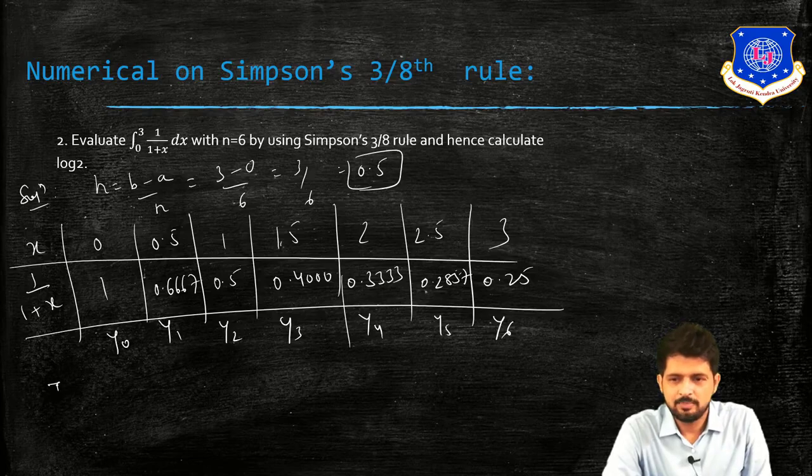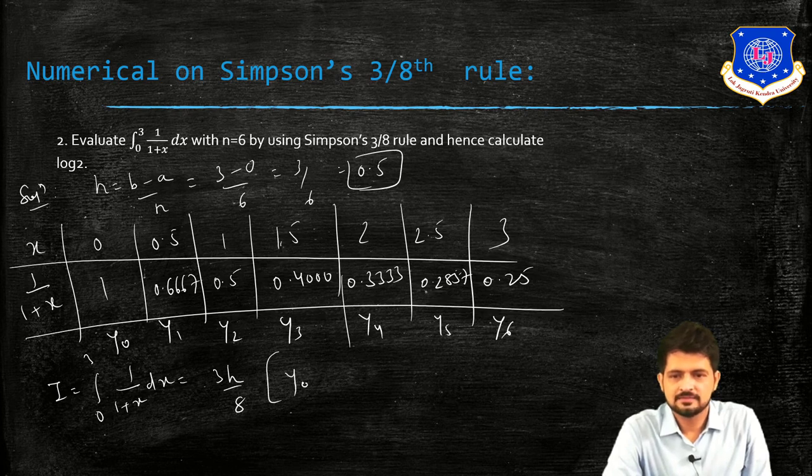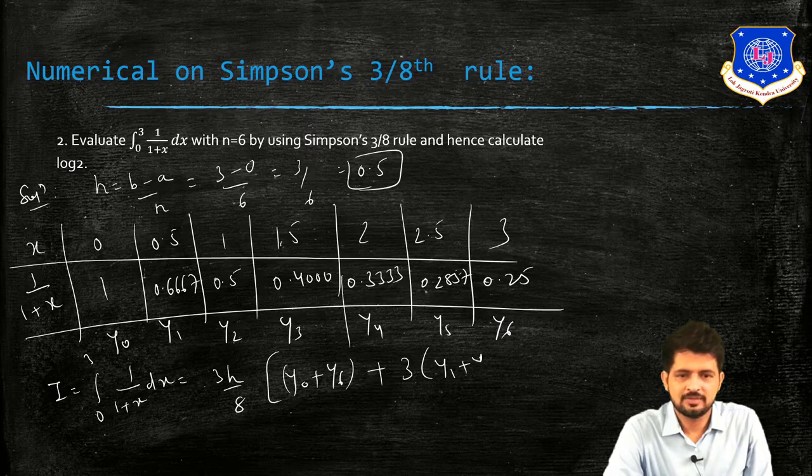Apply Simpson 3/8 formula. 3h by 8 into y0 plus y6 plus 3 into y1 plus y2 plus y4 plus y5 plus 2 into y3 only.